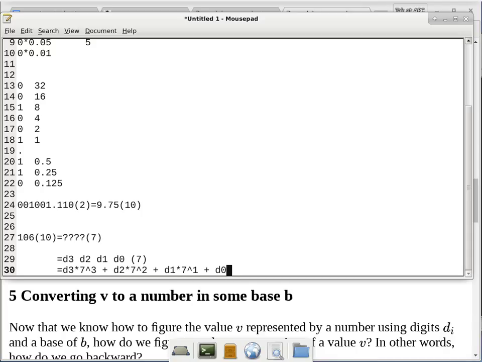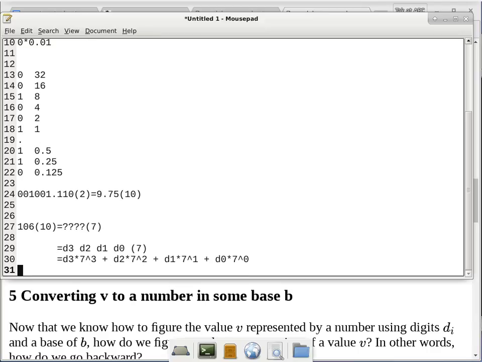And then D0 is telling us the quantity of 7 raised to the power of 0. So once you figure out what is 7 to the power of 3, I think it's 353. So this is actually just D3 times 353.